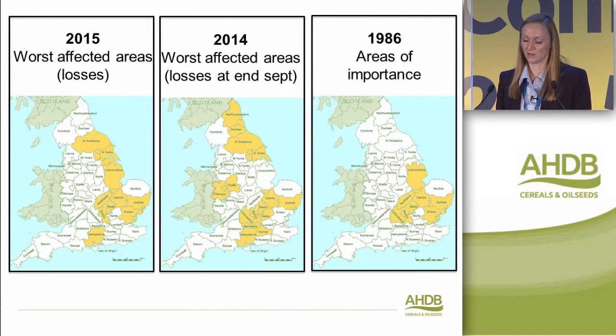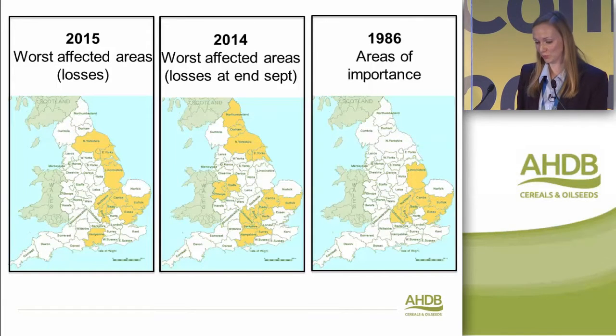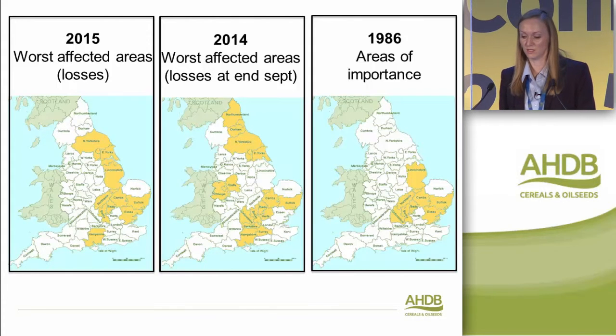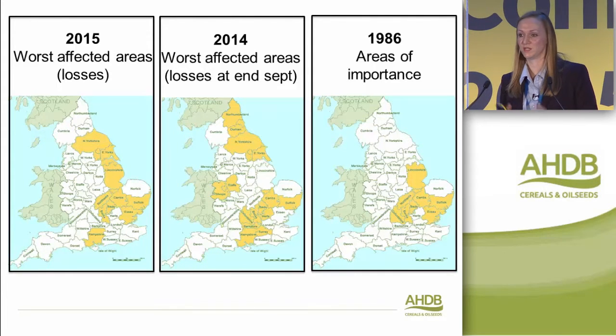And then I looked back to the 1984 report, and the counties it highlighted as areas of importance, actually not too dissimilar to what we're seeing at the moment. So it does show that even back then we did have some knowledge of those key areas where the pest could potentially cause considerable damage.